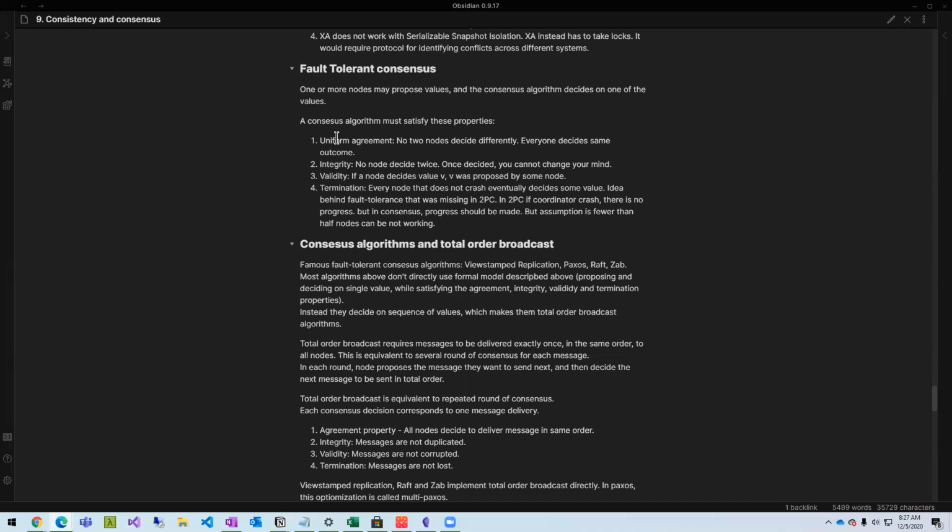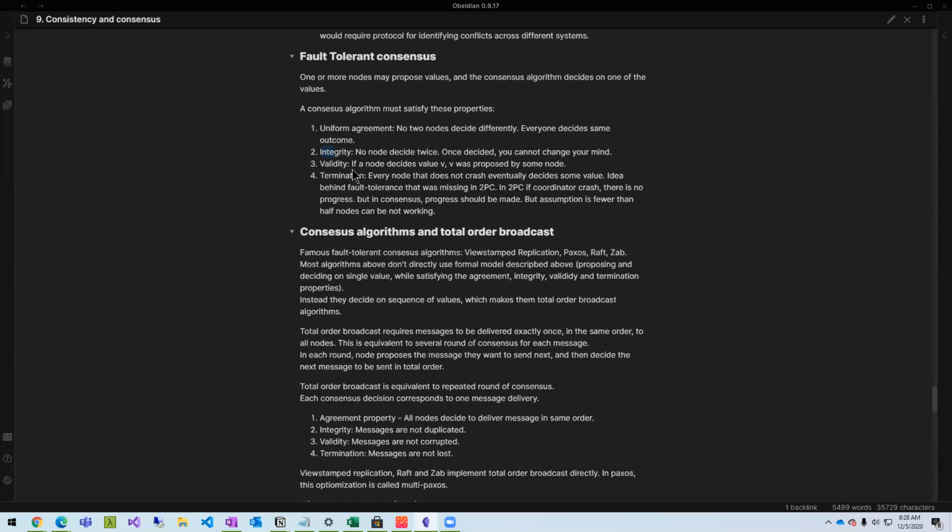It should not have multiple outcomes. Then the integrity property says that no node decides twice. What it means is that if a node has said that I am agreeing on this value, then later it cannot change its mind. Whatever it has agreed on once, it has to stick to that, right? So this is the integrity property.